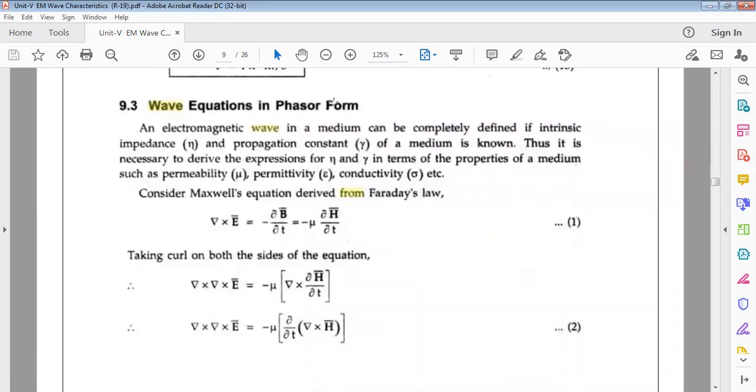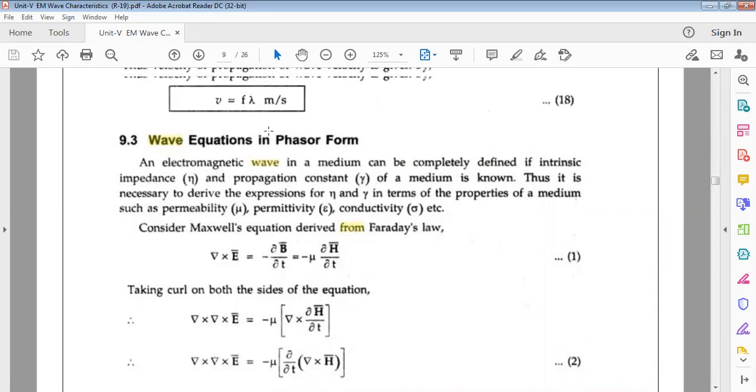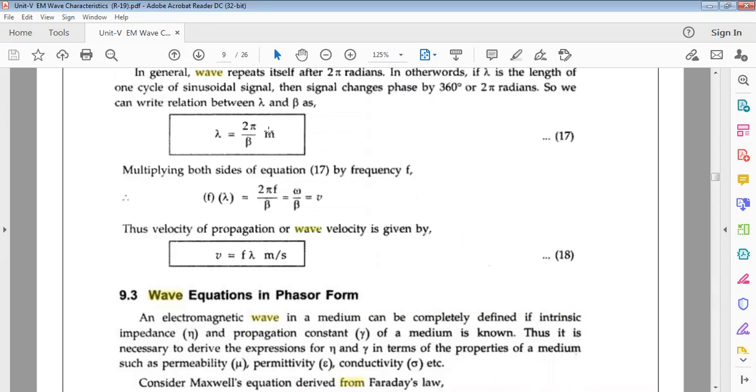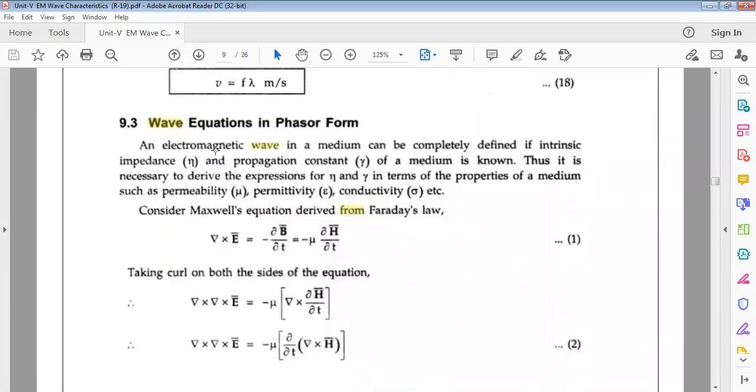An electromagnetic wave in a medium can be completely defined if the intrinsic impedance eta and the propagation constant gamma of the medium are known. We know that eta is equal to the ratio of EM plus by HM plus, or minus EM minus by HM minus, which we already discussed in the previous class.